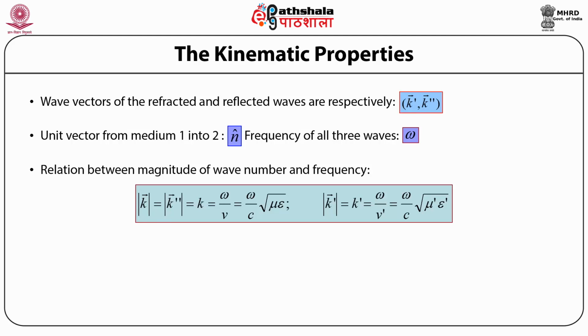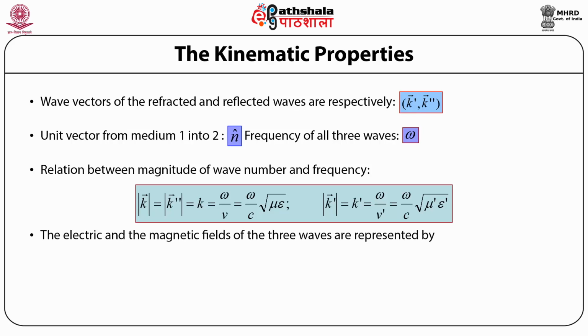This can further be written as omega by c whole times under root of mu prime times epsilon prime, where c is the velocity of light in free space or vacuum, and mu prime and epsilon prime are the magnetic permeability and the electric permittivity of that material medium.